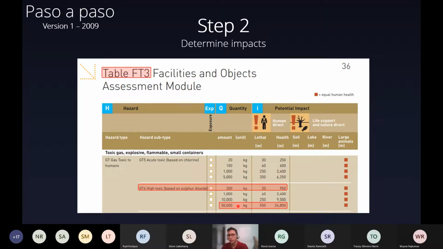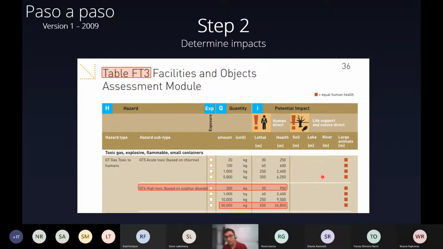That's why this is more a desk tool instead of an emergency or field tool where you can just calculate with approximations. So if you have, for example, 200 kilograms of GT4 high toxic, the distances that would be lethal for humans would be 20 meters and 950 meters in terms of health effects.